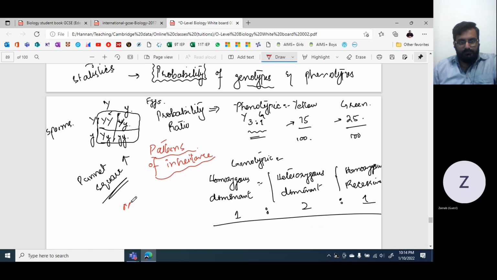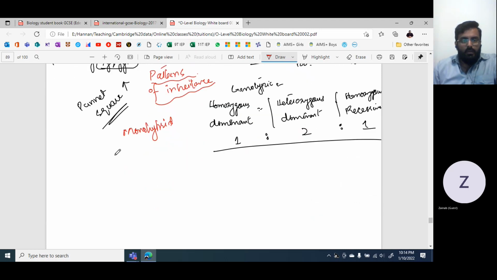Monohybrid cross. Monohybrid means when F1 is heterozygous for a single allele.